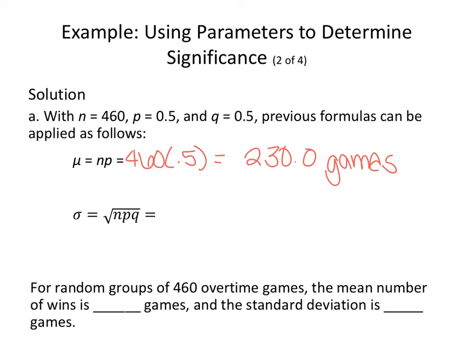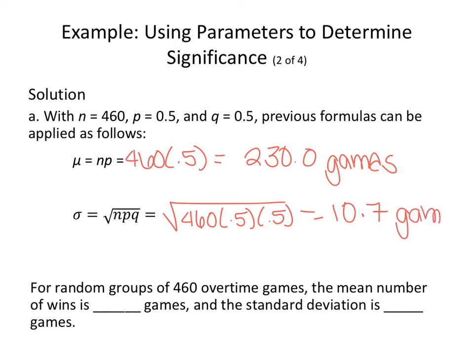Our standard deviation is going to be the square root of 460 times 0.5 times 0.5, and that gives you 10.7 games. So for random groups of 460 overtime games, the mean number of wins is 230 games, and the standard deviation is 10.7 games.